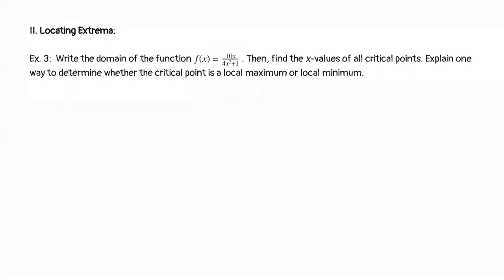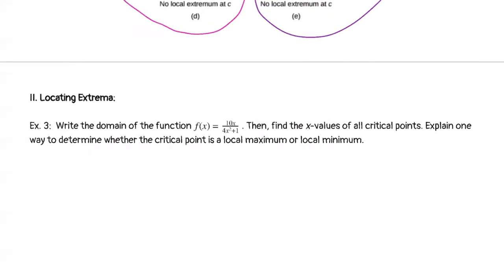So domain is the collection of all possible x values that can be input into a function. Let's write that here.